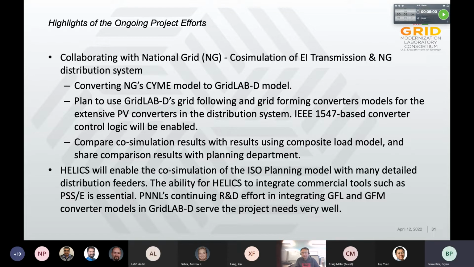So these aspects make Helix, GridLab-D, and commercial tools like PSSE really fit for accomplishing the objectives of our co-simulation interest at ISO New England. Thank you, PNNL, for your support, and a lot of great staff at PNNL who supported our work. It's been a pleasure. Thank you. That's the end of my presentation.